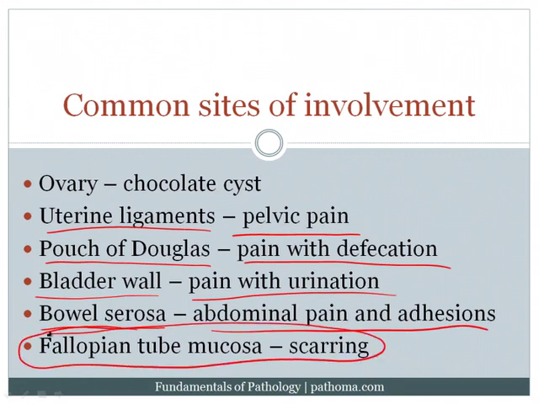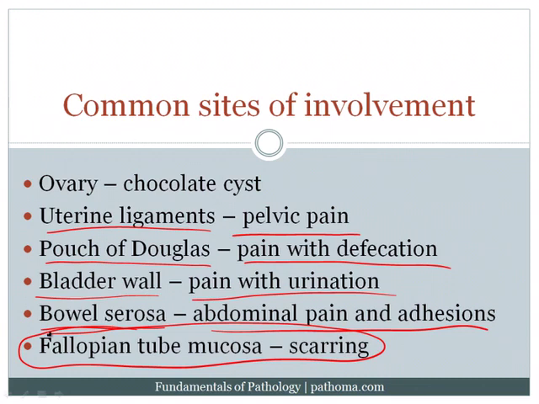Now, if you involve the fallopian tube with endometriosis, you're going to get some damage and some scarring, and that scarring could then prohibit the egg from being able to move to the uterine cavity, so that's going to increase the risk of infertility, and it's also going to increase the risk of ectopic tubal pregnancy, i.e. the implantation of the fertilized ovum into a place other than the uterine wall.